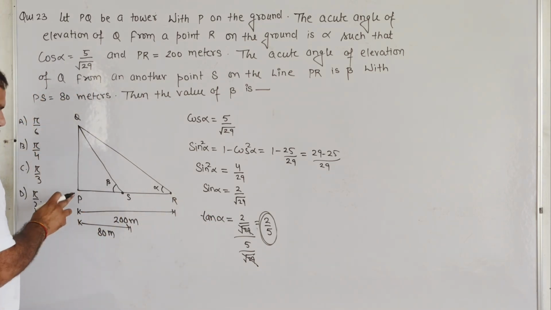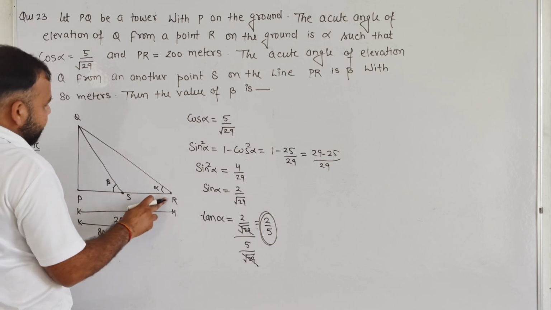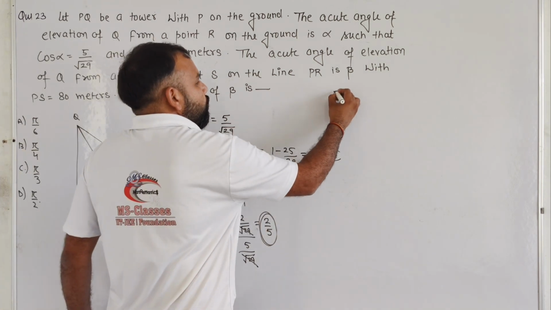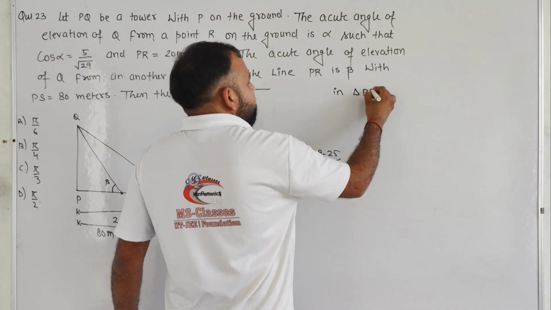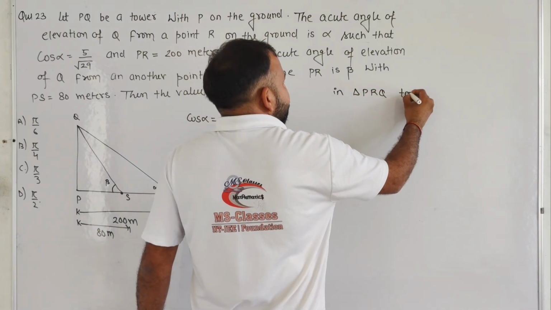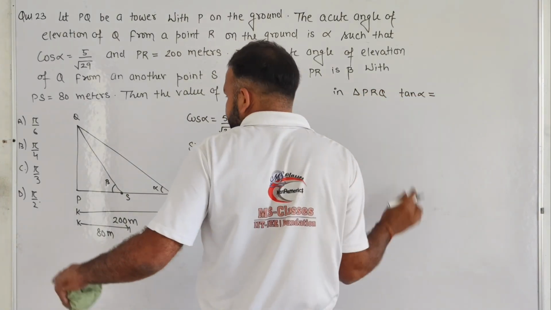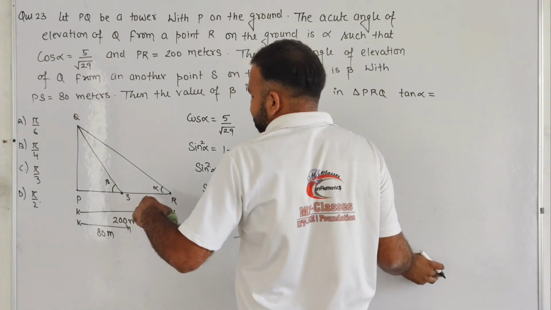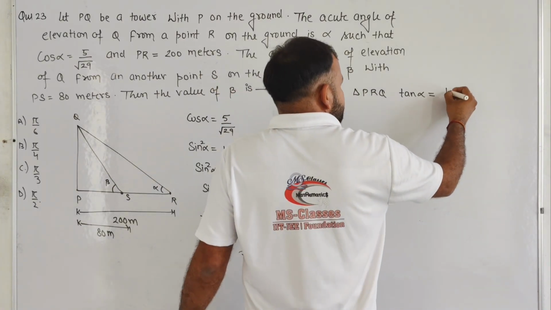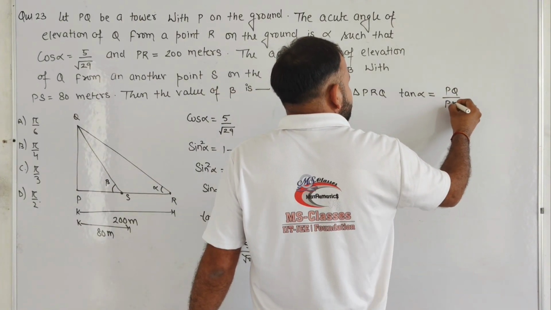If you want to find the value of tan alpha from triangle PRQ, in triangle PRQ, tan alpha is perpendicular upon base, which is PQ divided by PR.